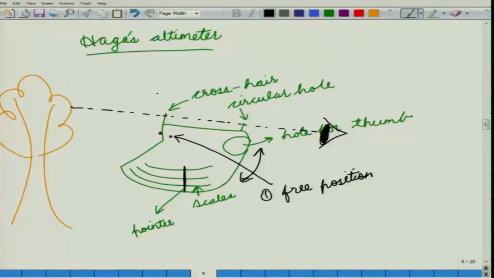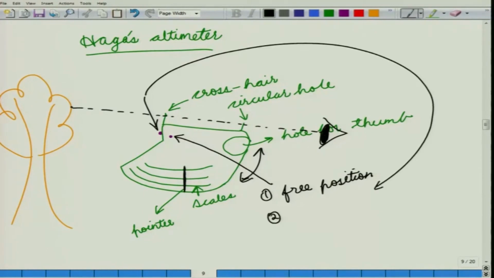Now, coming back to the tablet, when you press the other button, it puts your pointer into the fixed position. To take the example of the protractor, this is currently in the free position.